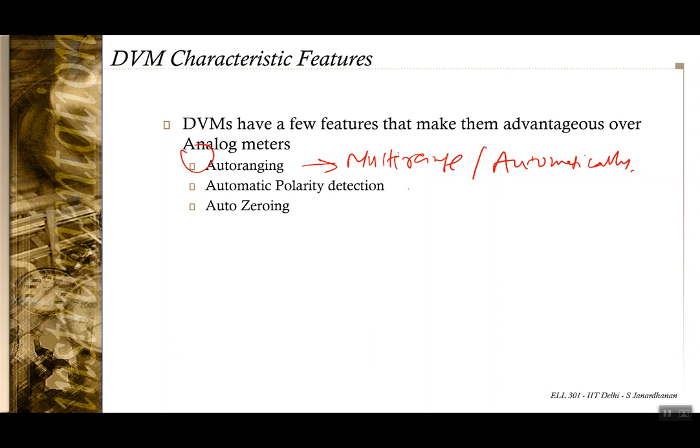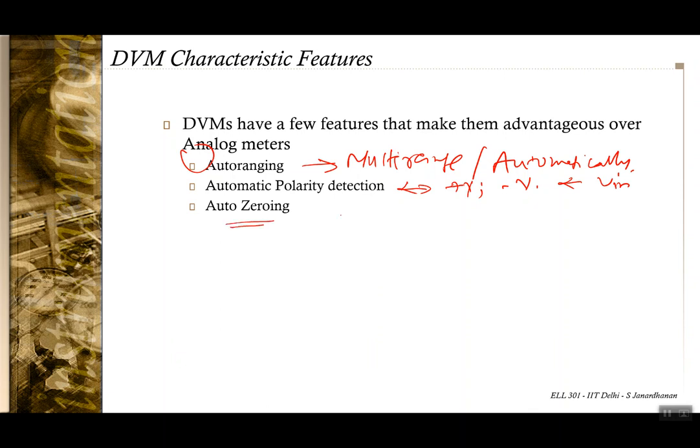You can have a circuit built into the digital voltmeter such that it can detect whether it's a positive voltage or a negative voltage getting into the circuit.